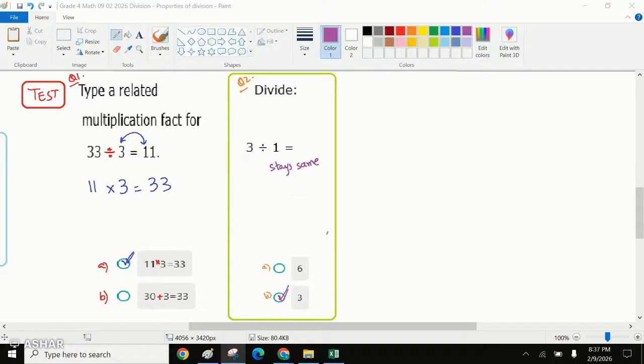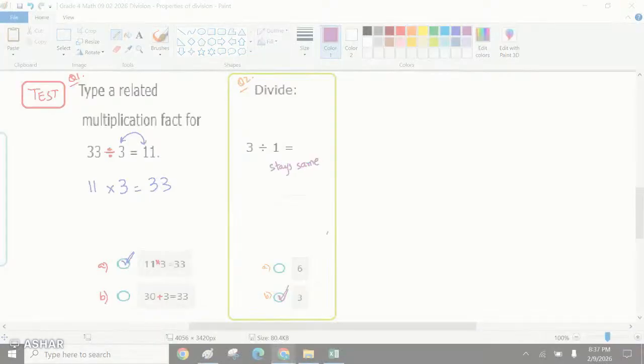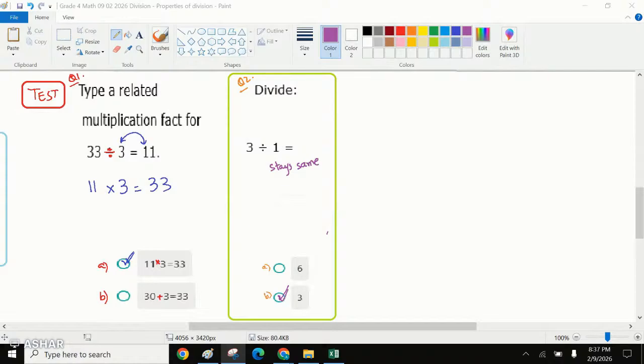The next question says, if 6 multiplied by 5 is 30, then we need to give the division related fact. Just a moment, I'll realign this. If 6 multiplied by 5 was 30, then these two options are given to us for question number 3.